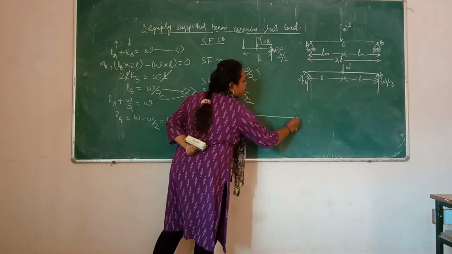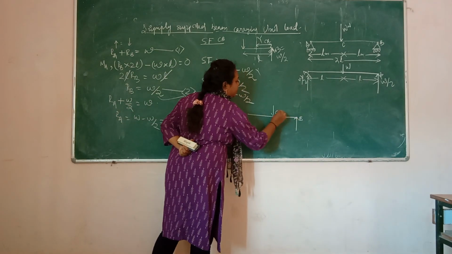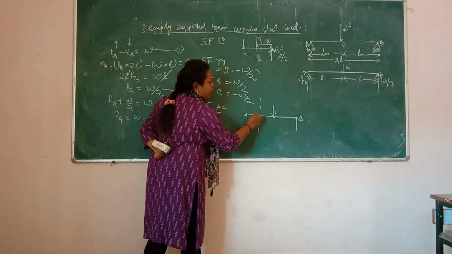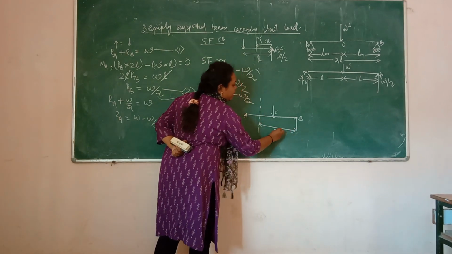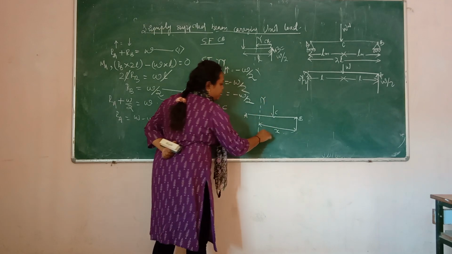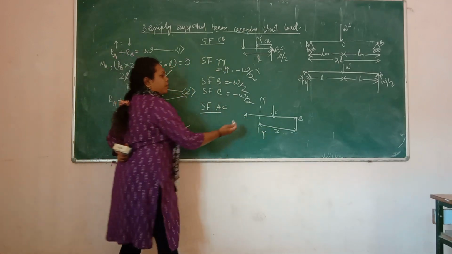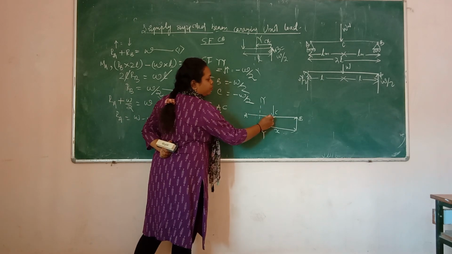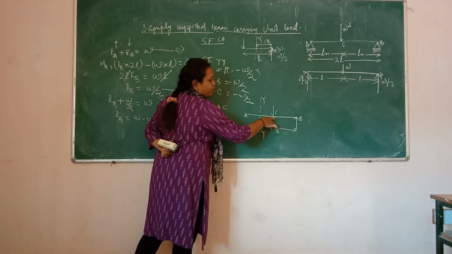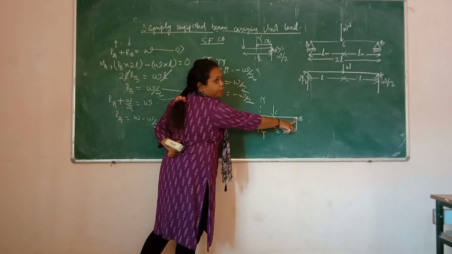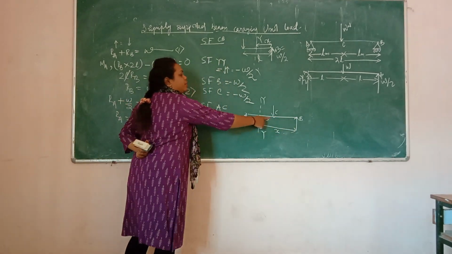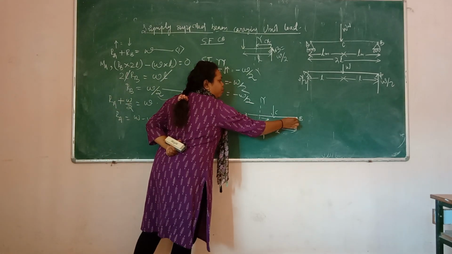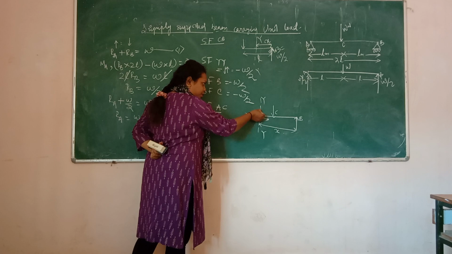Now shear force in between A to C. So this is the diagram. This point is B, this point is C. Now draw a line in between A and C which is at a distance x from point B, and this line is YY. From the point YY, there are two forces toward the right, at point C and at point B. At point B the force is W by 2 and at point C the force is W. When the force is acting upward at point B, then the force at point C is downward.